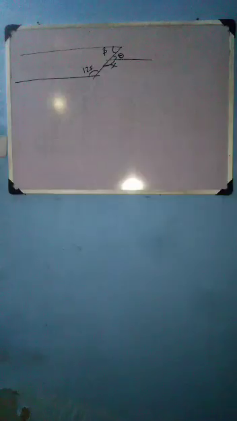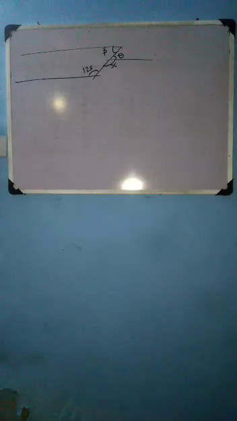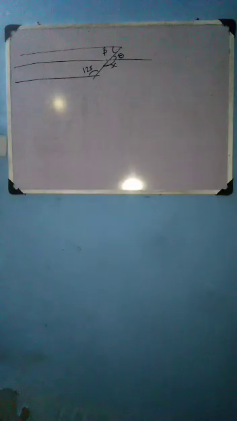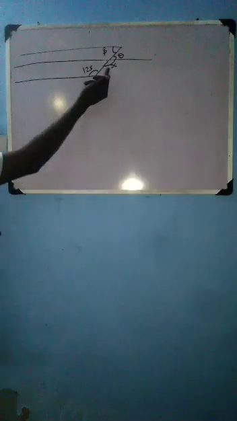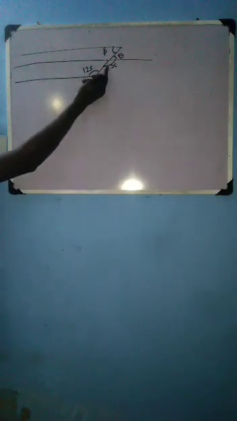So to solve this, I want you to see something. Look at this. Are you seeing this? Let's extend this to be like a transversal. So these are three parallel lines, right? The transversal cuts through. Now look at this. Can you see this angle and this angle? They are in opposite directions.